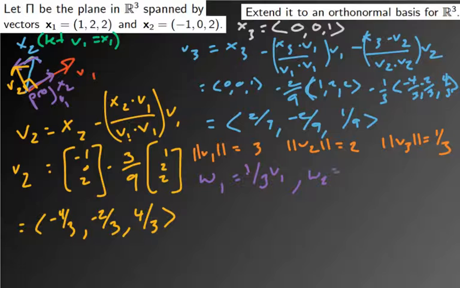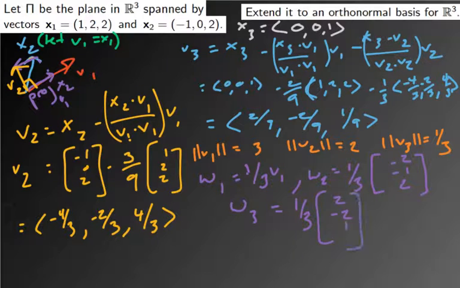W2 is 1/3 this negative 2, negative 1, 2 vector. Just dividing this by 2, and then I took a third out. And then W3 is 1/3 times 2, negative 2, 1, right? Just taking a third out of here, yeah.